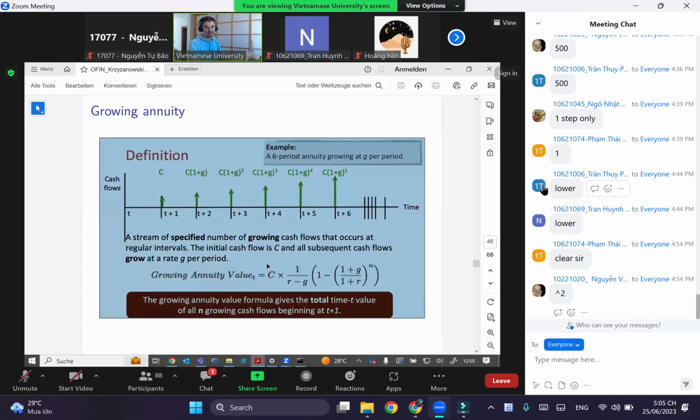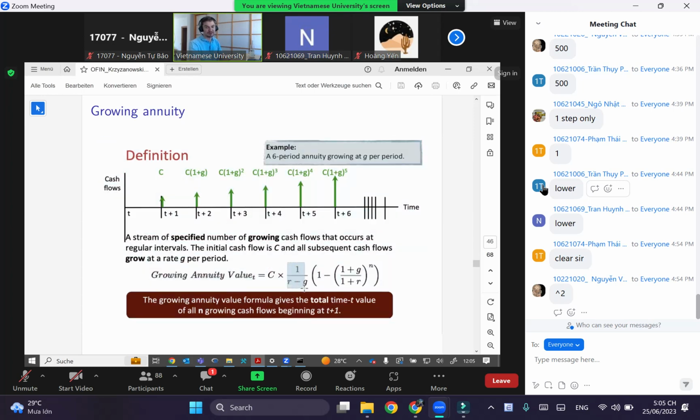And this would be C divided by R minus G, times this factor as you see here. R is the interest rate, G is the growth rate. Implicitly, we will assume that the growth rate cannot be bigger than R. So it's assumed that the interest rate is bigger than the growing rate of the cash payments.